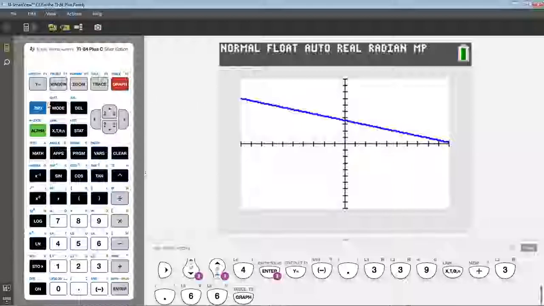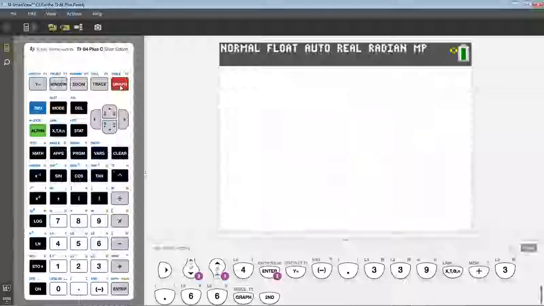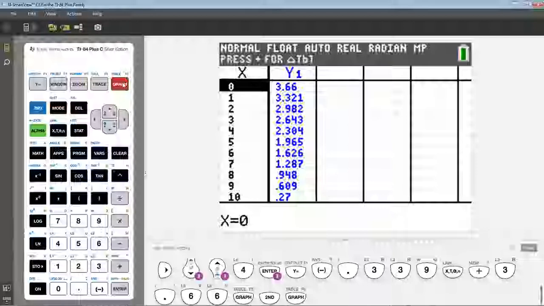Okay, fair enough. Now, to move on with the problem, we're going to hit the second key and then graph. And that's going to bring up our tables. What we're looking for here is the y value that corresponds to an x value of 7, because it said how much is 7 pounds of beef.